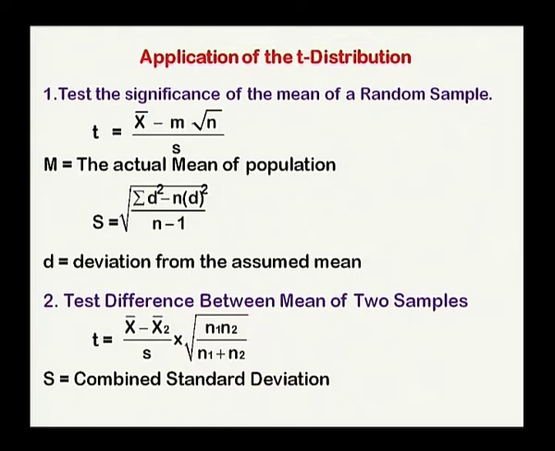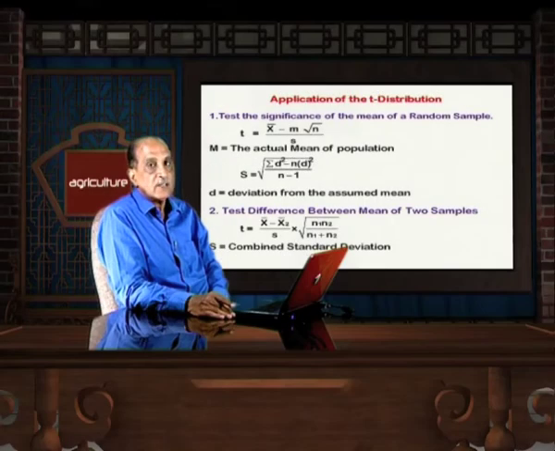Here m stands for the actual mean of the population, and s stands for the root of the summation of d square minus n, where we first calculate the square of d, then multiply by n, and divide by n minus 1, then take the root. d stands for deviations from the assumed mean. This formula is used for testing the t distribution.